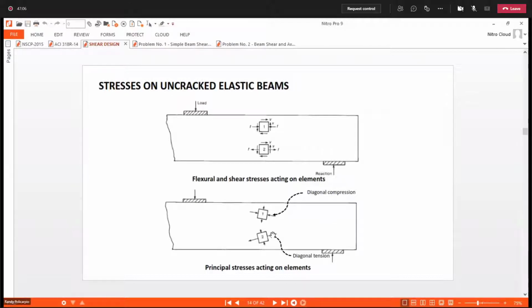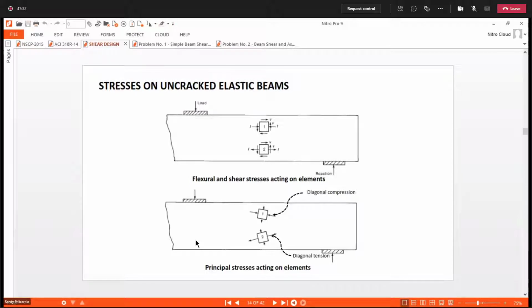This is obtained from experiments wherein they subject a concrete beam to a vertical load acting downward, and they observe what is happening to the concrete.